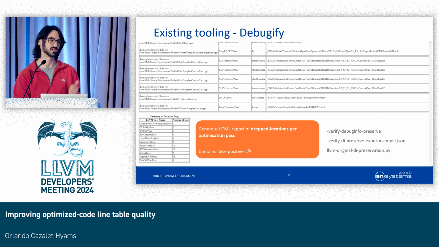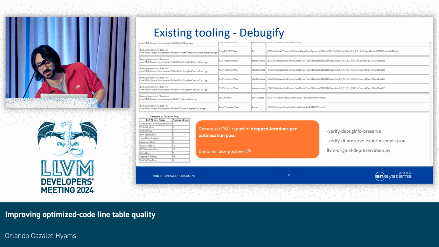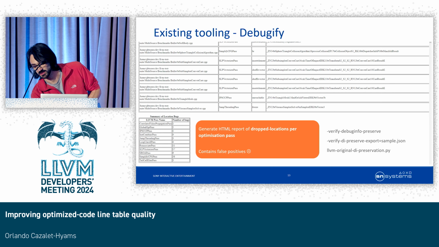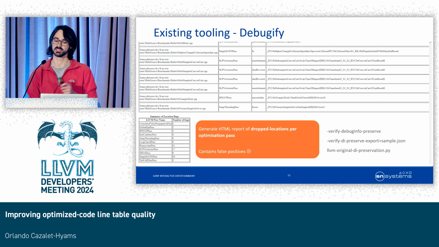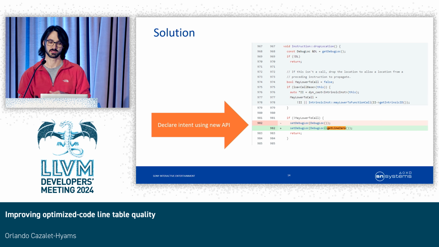There's a tool called Debugify that lets you build a code base and have LLVM generate an HTML report, which reports the number of dropped locations per optimization pass. But there's a problem, and that is that it can generate false positives. And that's because sometimes in LLVM we intentionally drop debug locations, and Debugify can't discern those cases from genuine bugs.